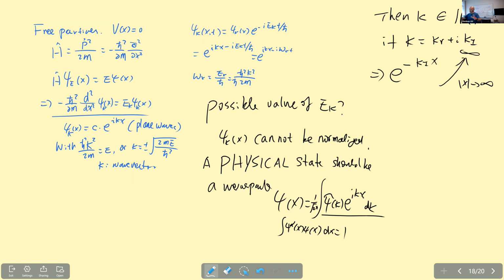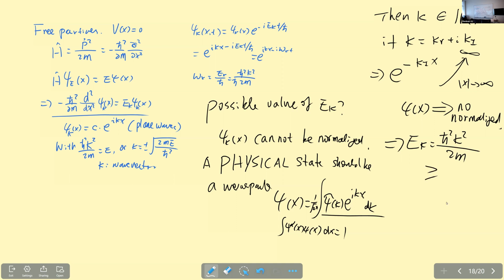So that means if you form a wave packet, this wave packet will always diverge and cannot be normalized. So to have a normalization condition, it can be formed by using different components of this k, and you must make sure all of these are real numbers, and then this energy should always be greater than or equal to 0.